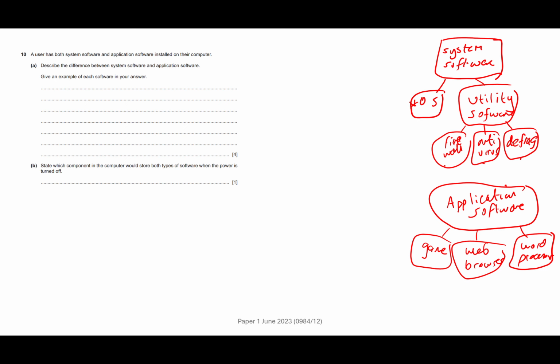Describe the difference between system software and application software. So starting with system software. So what can we say? System software completes tasks that are needed for the computer to run, because that's what they all do. All of these complete tasks for the computer to run properly.